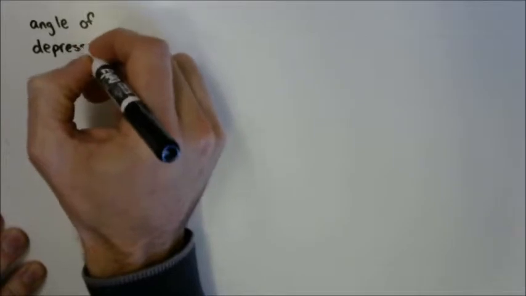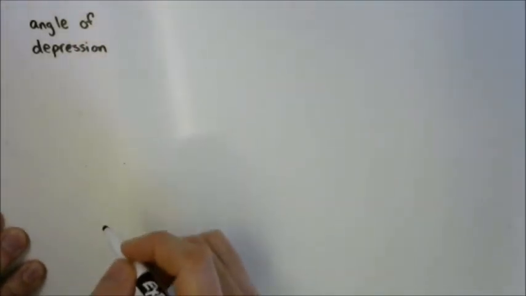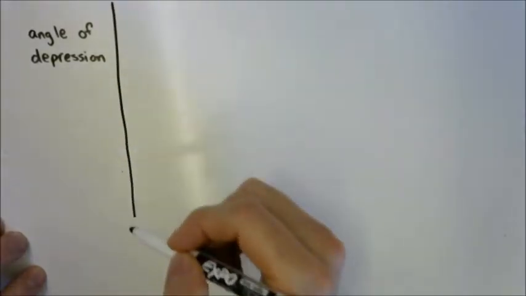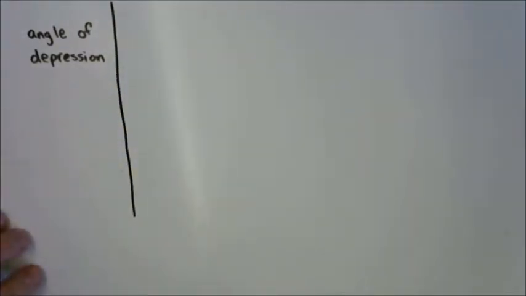Now what does the word depression usually mean? You know any synonyms of the word depression? Okay, so emotionally you can be depressed or you can be stressed. Is that an up feeling or a down feeling? Down. It's a down feeling, okay.